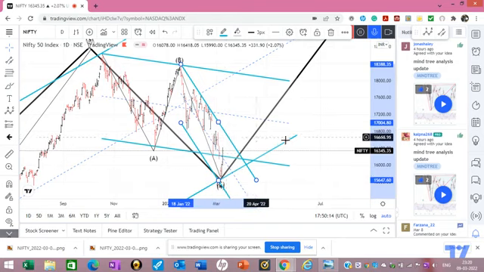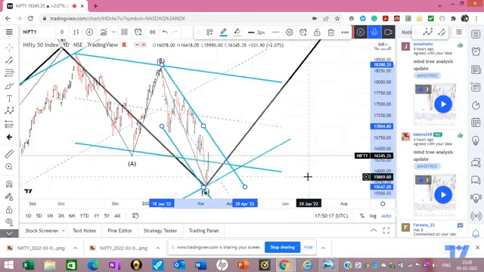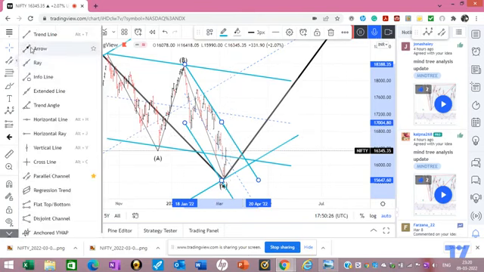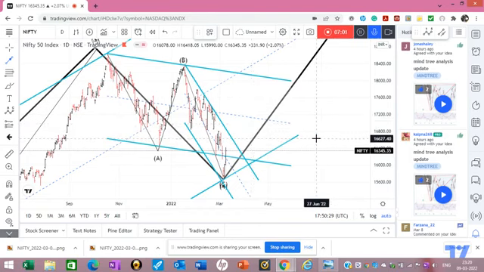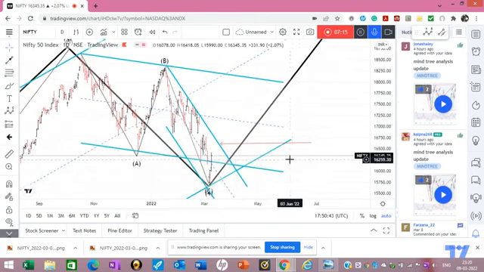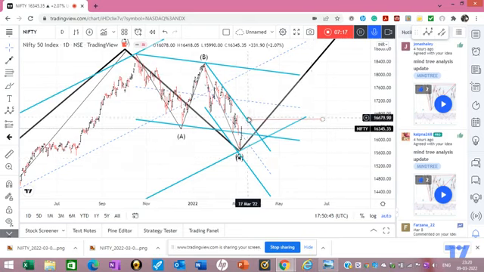So I would go long on Nifty only if this price action breaches this line at least. This point should be breached. I'm waiting. Let us see a few more days, and I want to see this channel breached.